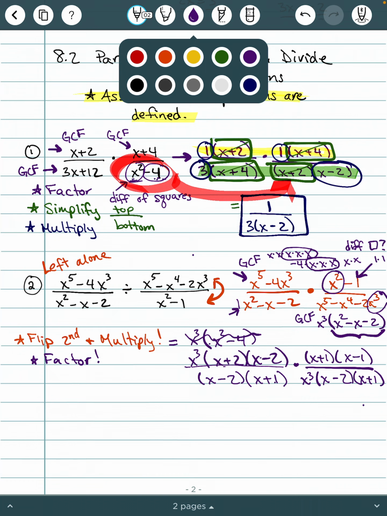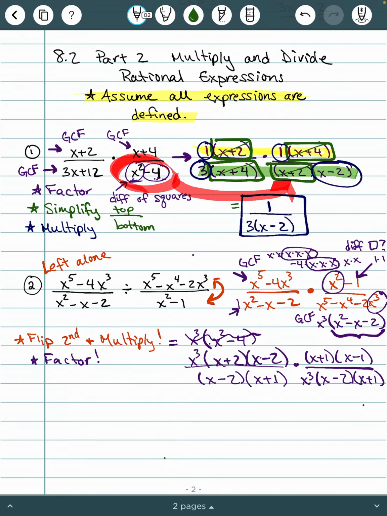Our second two steps are simplify and multiply. So we're going to simplify. Anything from the top can cancel with matching things from the bottom. So let's compare. What do you see in the numerator that can cancel with things in the denominator?